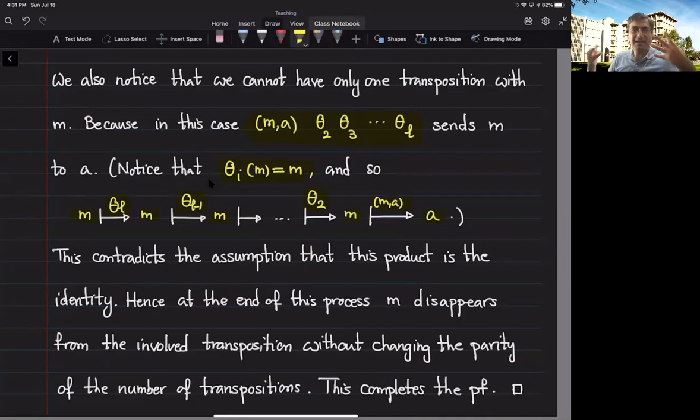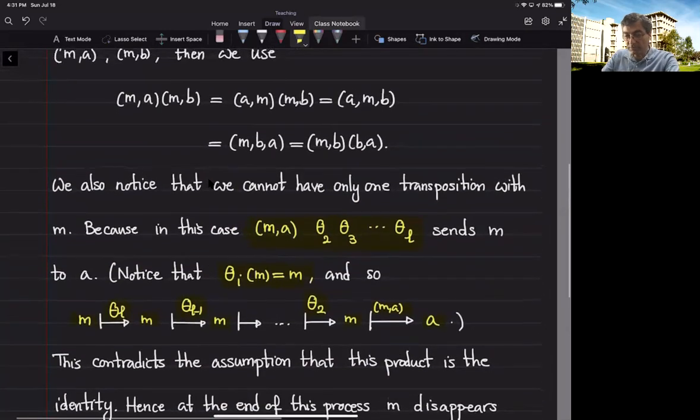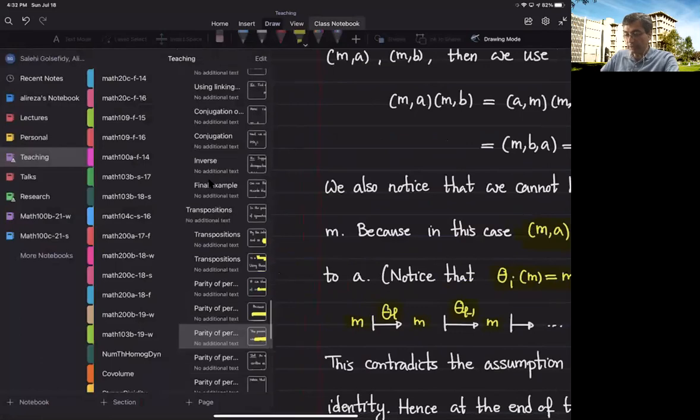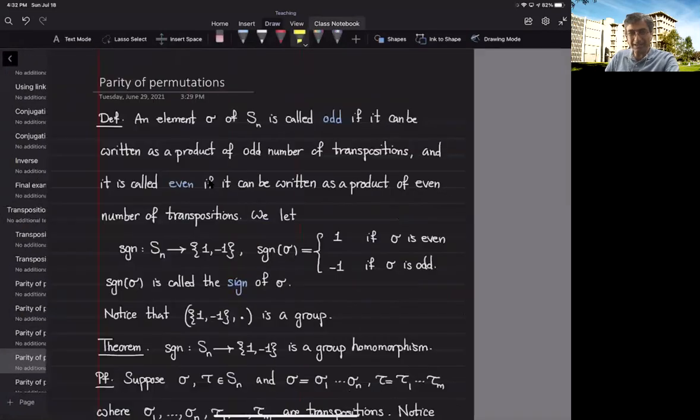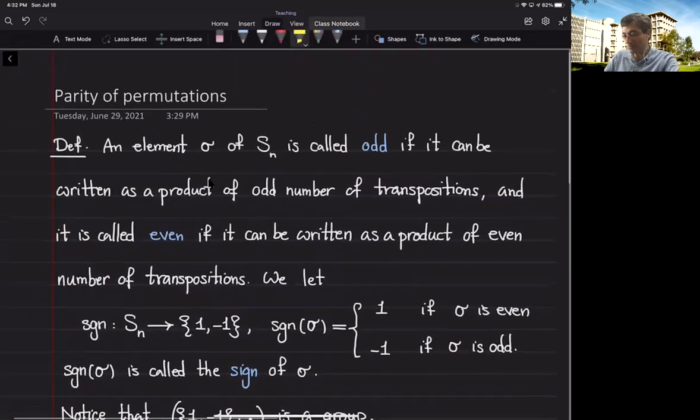And therefore, in the final state, no transposition should appear, but because the parity stays the same, the initial parity should have been even as well, and that completes the proof of this theorem. This is one of the important results that we prove about the symmetric group and permutations. So hopefully you understood the details of the proof.